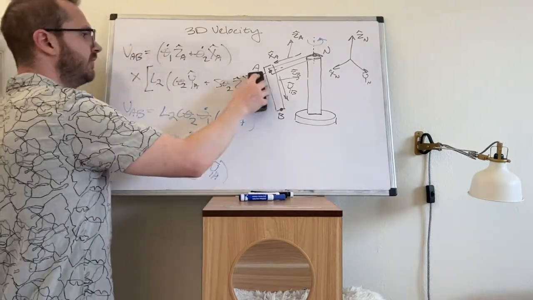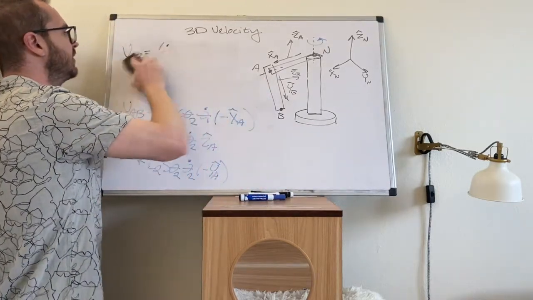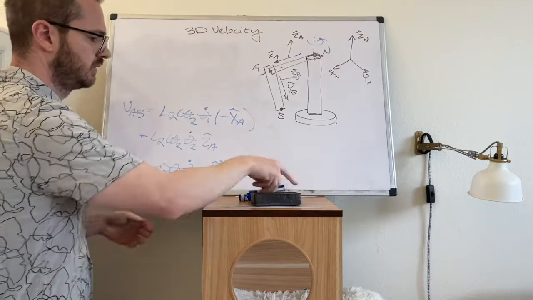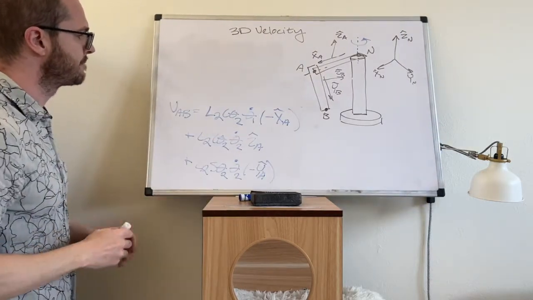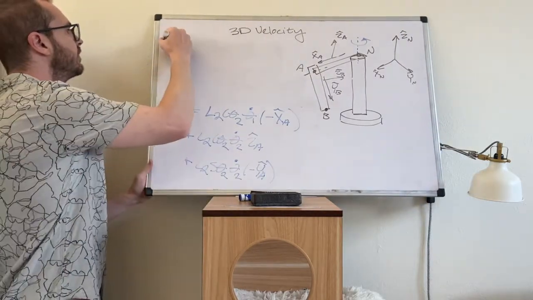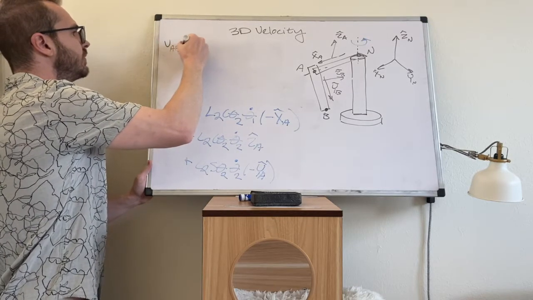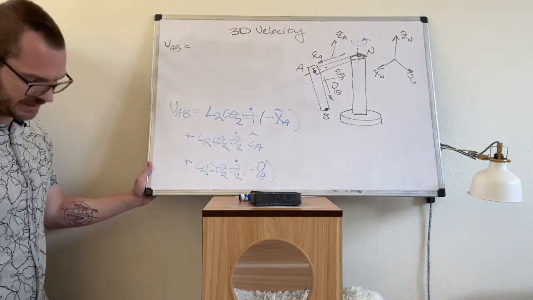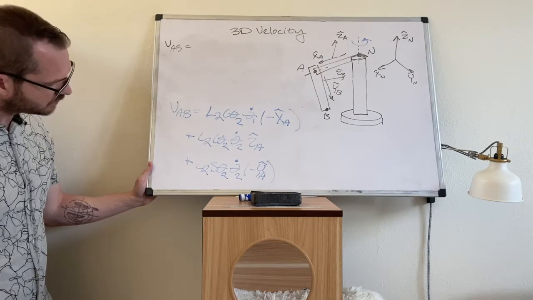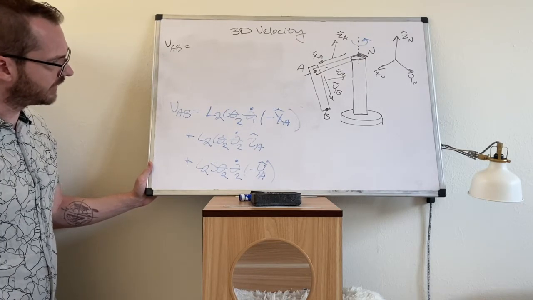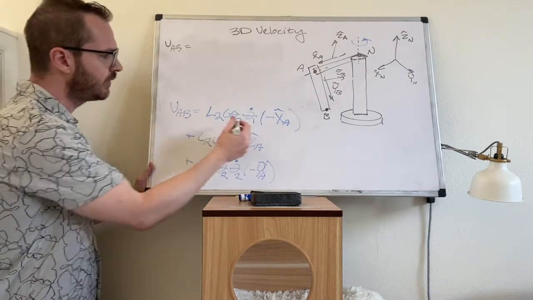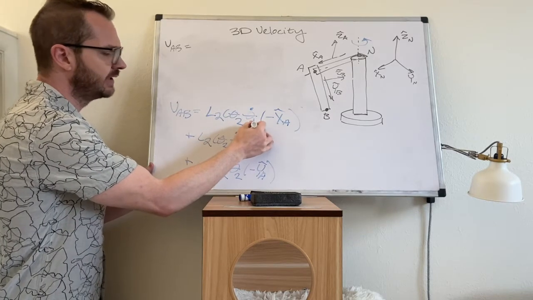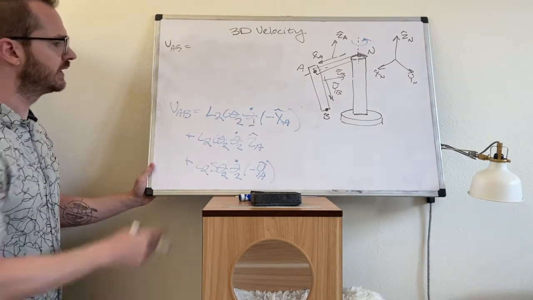So we can take this and clean it up a little bit. All right, so VAB, what are we going to get? Let's do a little organization on this. We see that we only have the one theta 1 dot, right? So we can leave this term alone.